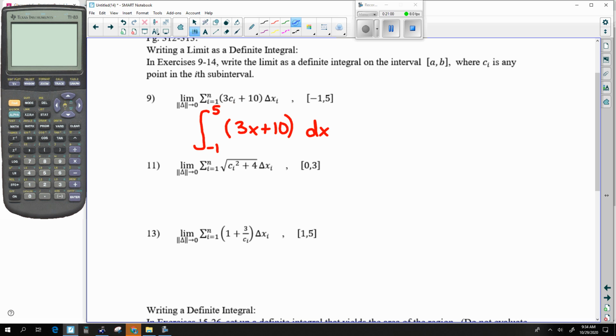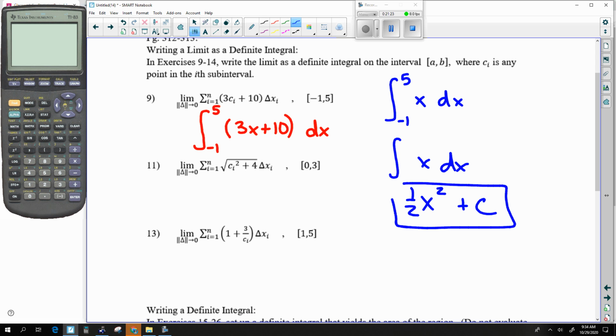The difference between a definite and an indefinite integral: a definite integral has numbers here. An indefinite integral doesn't. And we'll talk about the differences, but the big difference is an indefinite integral is going to get these plus c's.